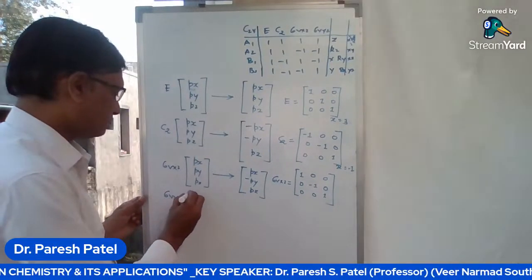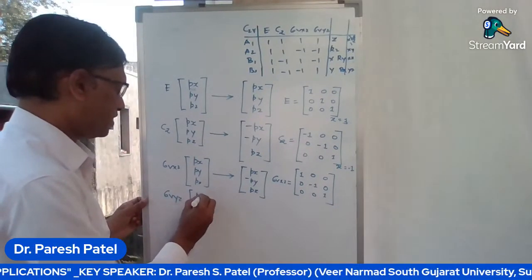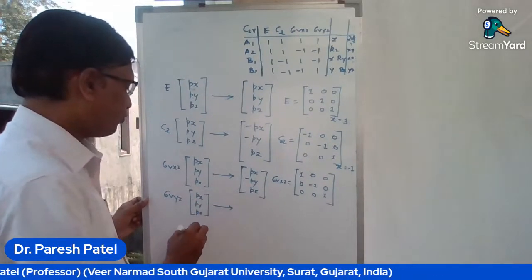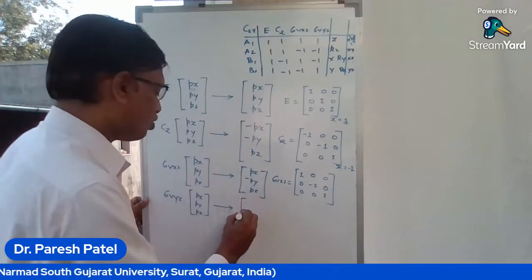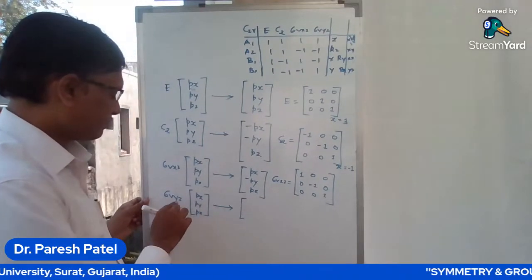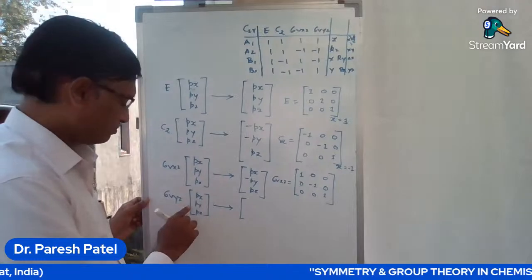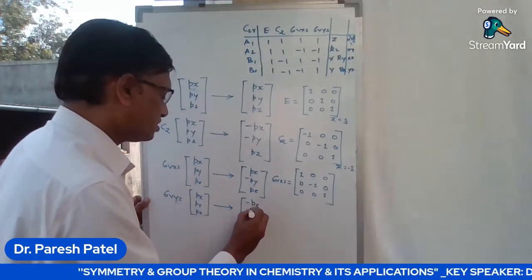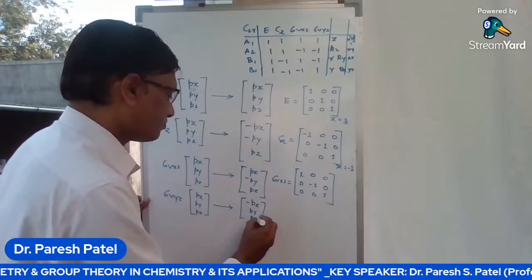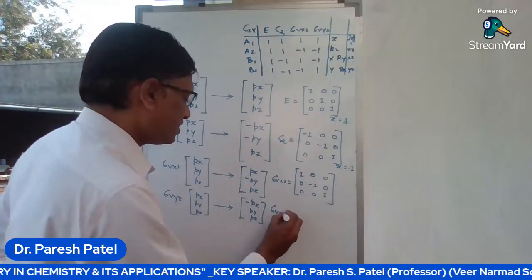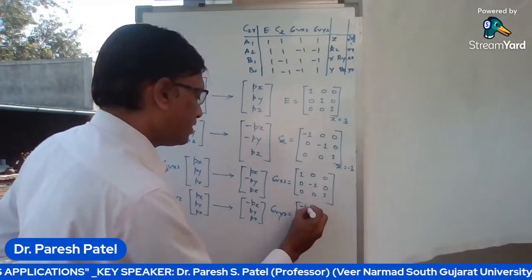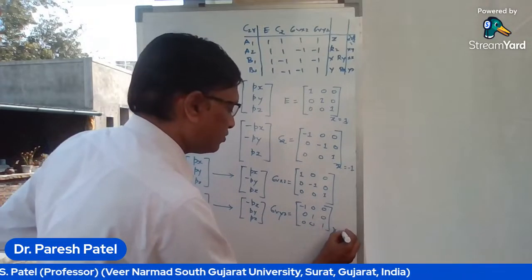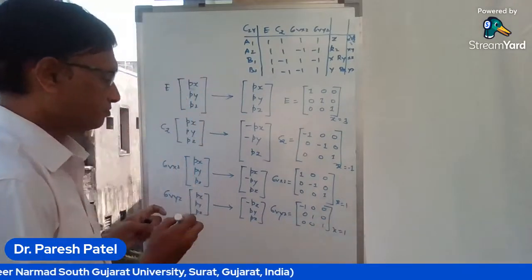Sigma Vyz on Px, Py, and Pz. If you operate the sigma Vyz symmetry operation on Px, Py, and Pz, we know that Px is perpendicular to the yz plane and Py and Pz are in the same plane. So Px becomes minus Px, Py and Pz remain as they are. So sigma Vyz is equal to minus 1 0 0, 0 1 0, 0 0 1. So here the character is equal to 1.